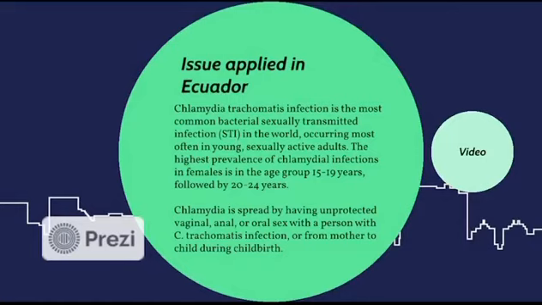Chlamydia is spread by having unprotected vaginal, anal, or oral sex with a person with a Chlamydia trachomatis infection, or from a mother to her child during childbirth.